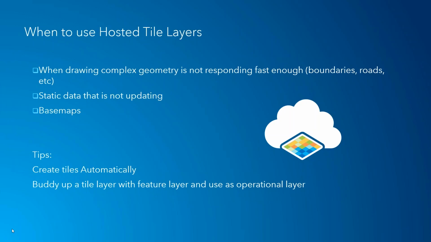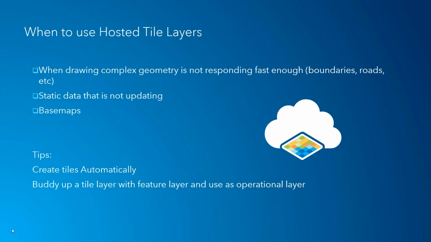They're really helpful for drawing complex geometry like boundaries, anything where there's a lot of vertices that's not updating. Because this is pre-generated, we want to make sure that the data isn't updating and that it's complex, so that you'll actually see a performance benefit in terms of drawing speed by using it.